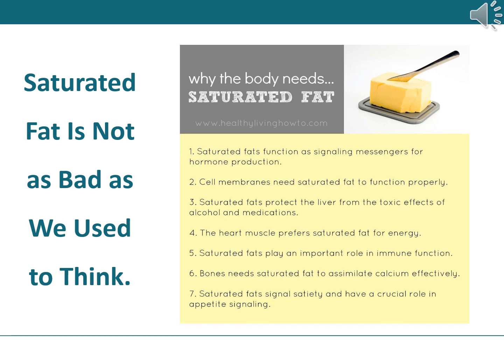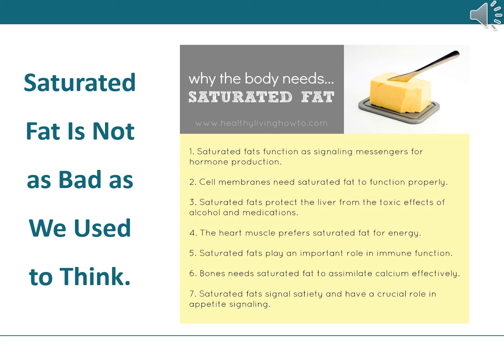So saturated fat is linked to working as a signaling messenger for hormone production in the body. Cell membranes need some saturated fat for optimal structure and to function properly. Saturated fats protect the liver. The heart runs off saturated fat to pump blood.